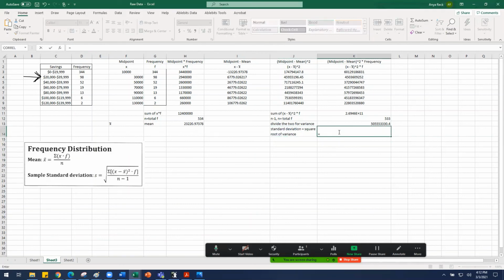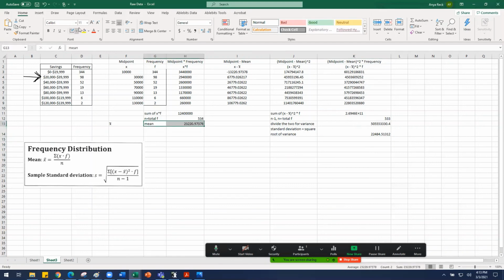So you type equal SQRT for the abbreviation of square root, open parenthesis, click the variance, close parenthesis, press enter. And there you have it. We found the mean, we found the variance, and we found the standard deviation.